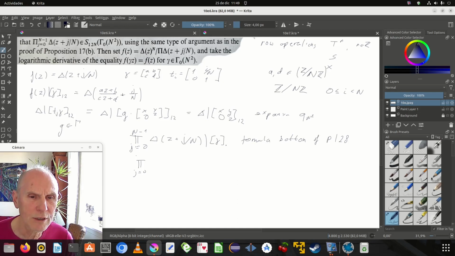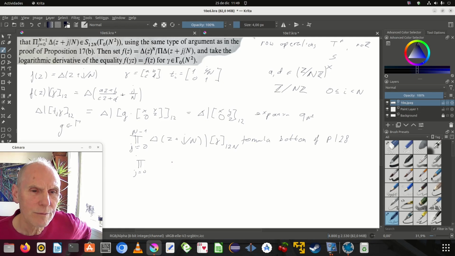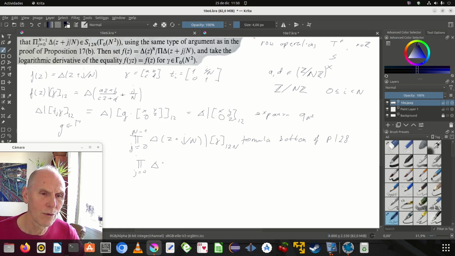Yeah, that's what it says. This was the translation j, gamma, and 12 on each factor.